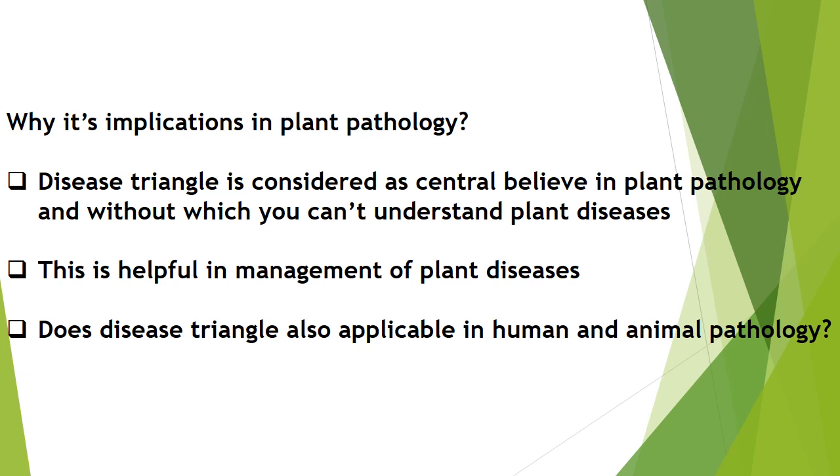Here, many of you have the question: does the disease triangle also similarly apply to human and animal pathology? I guess not. The reason is that humans and animals can move from one place to another. So when they see danger, they leave the place, unlike plants, which are stationary and sessile. A conducive environment does not have the same impact on humans.